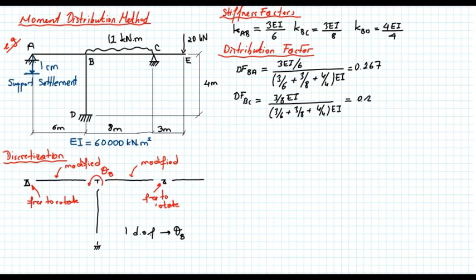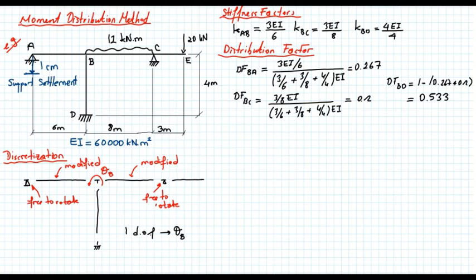And distribution factor BD is equal to 1 minus 0.267 plus 0.2, and that's equal to 0.533. So these are the distribution factors. As we can guess, member BD is the strongest member, and thus it carries 53% of the moment.